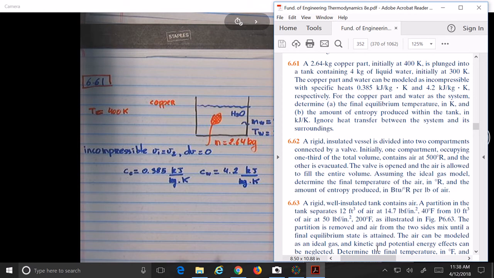For the copper part and water as a system, so what is our system?